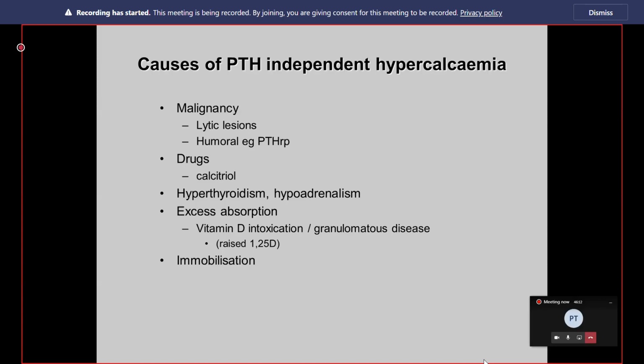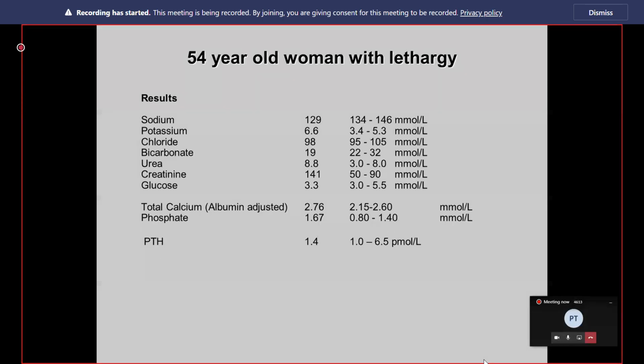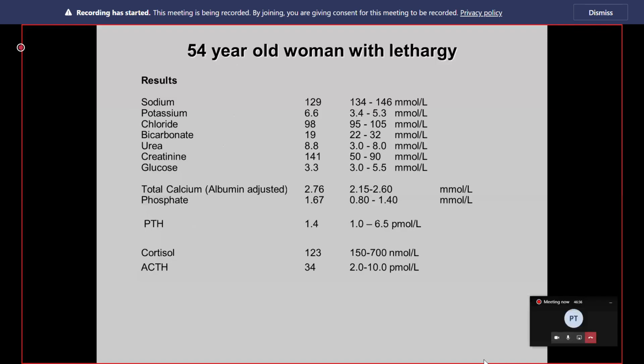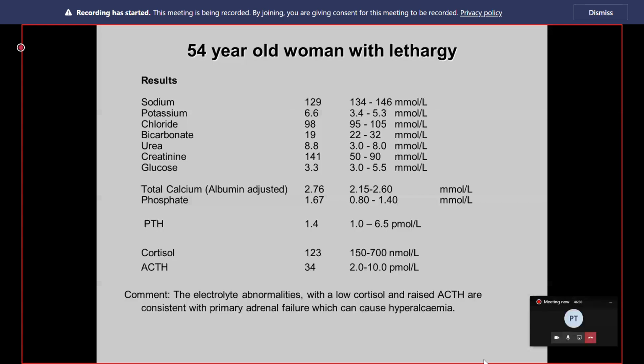If you look at the electrolytes, it might be a clue to what could be the cause of it. In malignancy, sometimes patients present with SIADH, but usually the potassium is not raised in SIADH itself. And the creatinine is raised as well in this case. So we went on to do a cortisol and an ACTH. Cortisol is slightly reduced and ACTH is clearly very high, suggesting that this patient has adrenal insufficiency, Addison's disease, which can cause hypercalcemia.